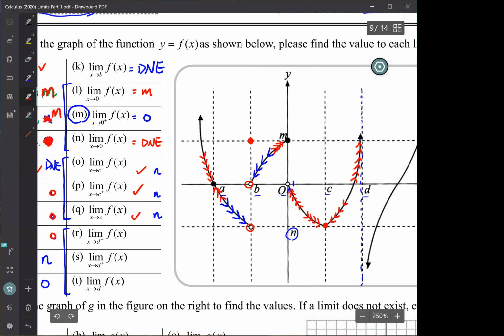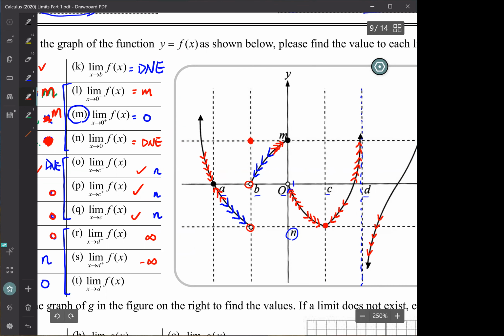And it never stops, and it's going up forever. Up is positive, so we can write positive infinity. DNE also works, but if you are able to give it more detail, then you write it with the infinity. And then approaching from the right side will be going down. So what do you think we put there? Negative infinity. Yeah, negative infinity.